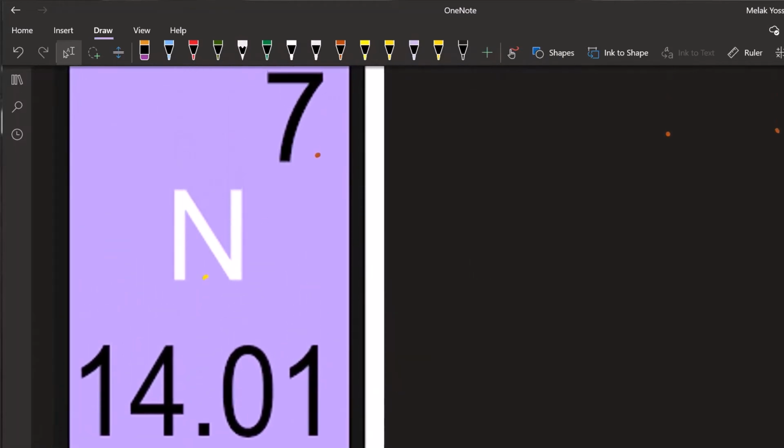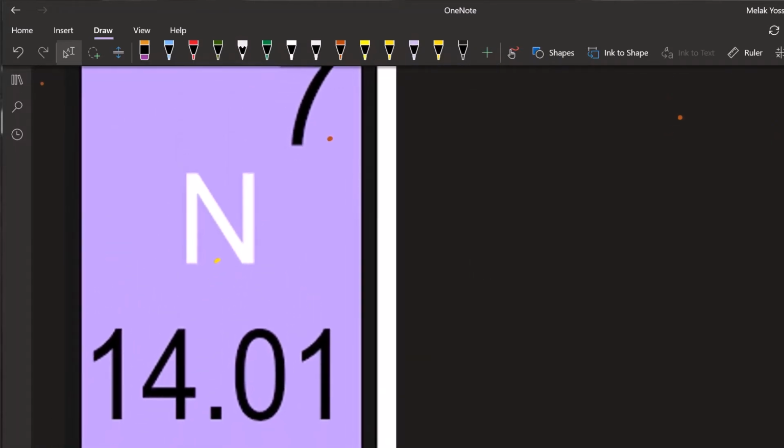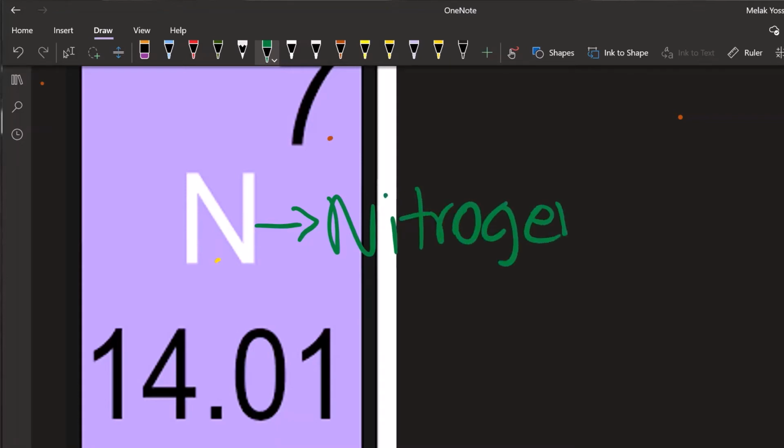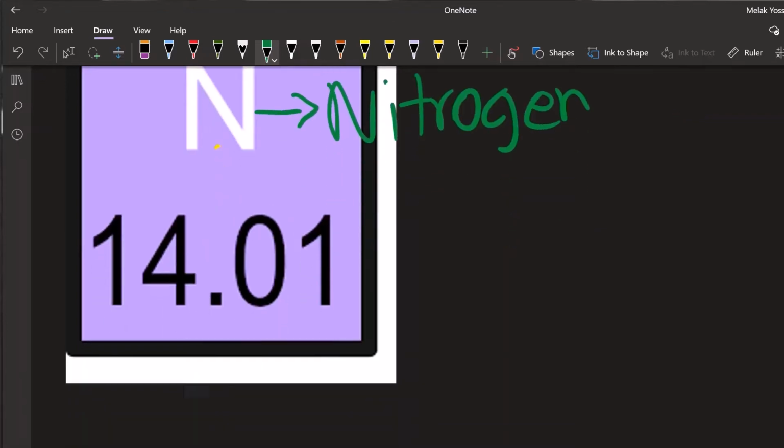Now, when looking at the periodic table, for example, let's take this symbol, which is, by the way, for the element nitrogen. There are two numbers. The bottom part is called the atomic mass.